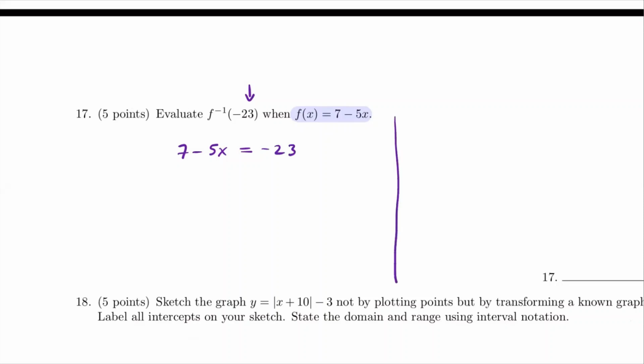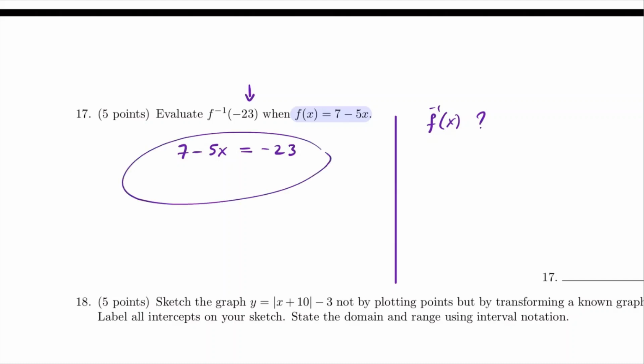Another way you can do this would be to actually find the inverse formula and then plug in -23 into that. I'm going to go ahead and do it this way. I think it's just a bit simpler. Both could be really simple. No preference why. Let's go ahead and solve for what x value will correspond to -23.